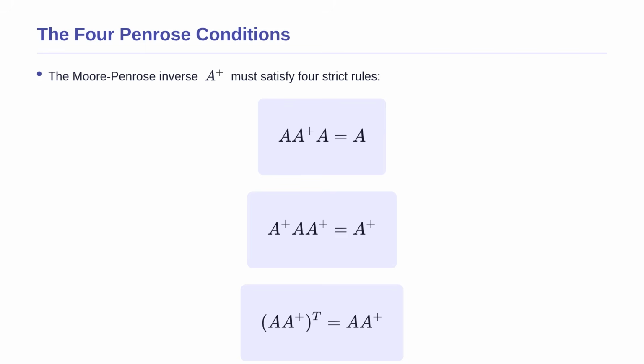The second is the mirror image, ensuring the inverse does not carry unnecessary mathematical baggage. The third and fourth conditions involve the transpose, ensuring the resulting products are symmetric matrices. This symmetry is crucial for calculating distances properly. If any matrix A plus satisfies all four of these equations, it earns the title of the Moore-Penrose inverse.